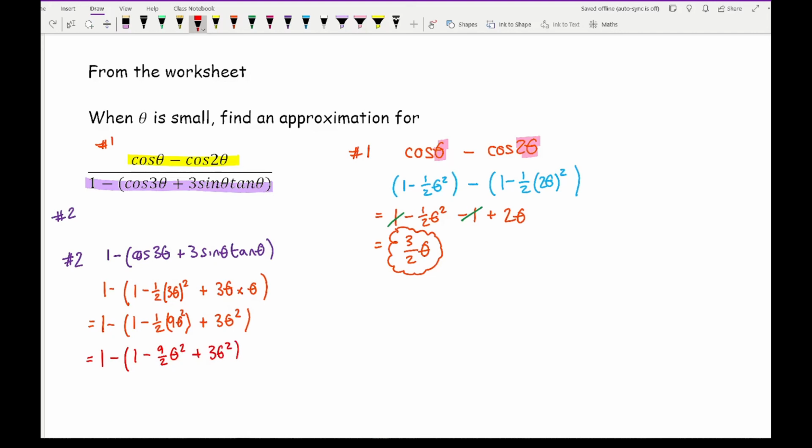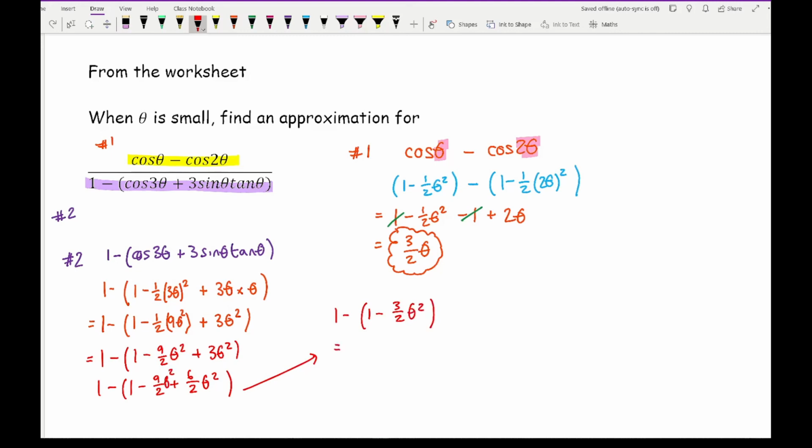What I end up with now, if I was doing non-calculator, which is really no need, but I'm going to do it anyway, plus 6 over 2 theta squared, just so I can join those two fractions up. And then I've got 1 minus, and then minus 9 plus 3 is 3 over 2. I forgot a theta squared there. Theta squared.